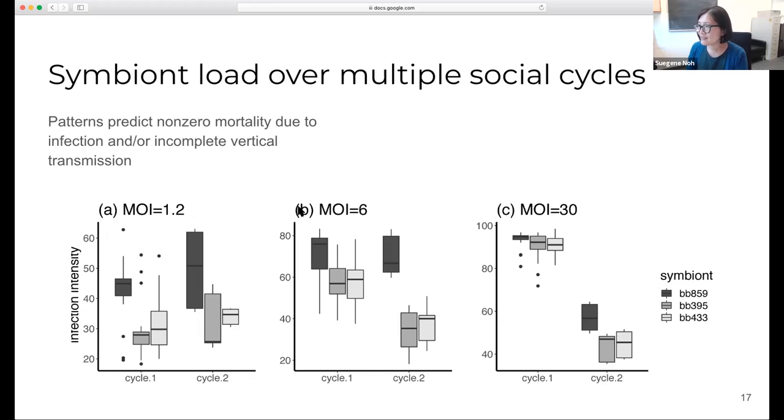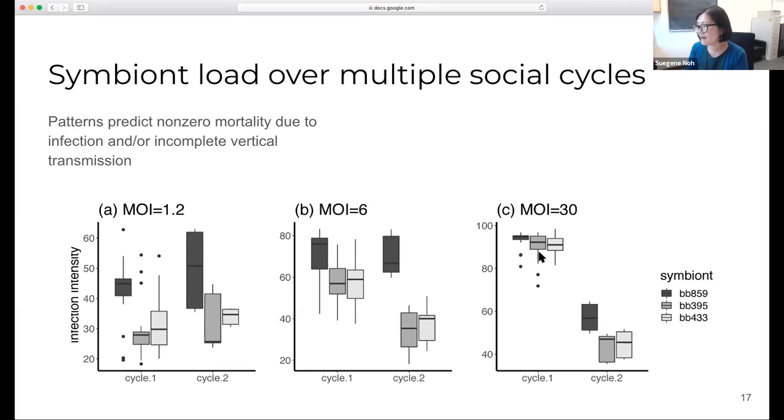And what you can see, especially at the higher MOIs, is that when you have an infected population that goes through an additional social cycle, it is going to see a drop in infection intensity. And so this suggests that there is mortality due to infection, and also potentially some sort of incomplete vertical transmission, where these infected hosts are not always transmitting their symbionts to their daughter cells.